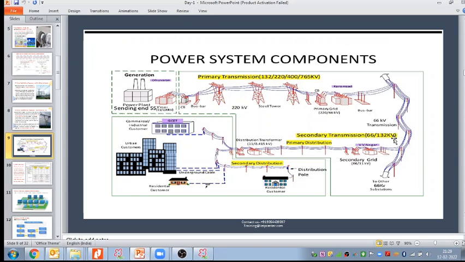Then we have the secondary grid that takes 66 and converts to 11 kilovolt, and this 11 kilovolt goes to the distribution substation that converts it to 415 volts, which they feed to commercial and industrial customers, to urban customers through underground cable, and to residential customers. So this is the total power system network that we have, right?